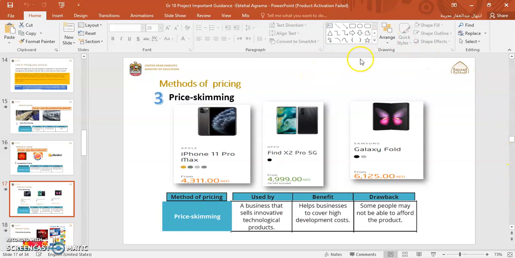Another strategy is price skimming. It is used by a business that sells innovative technological products. A benefit can be it helps businesses to cover high development costs. A drawback is that some people may not be able to afford the product.